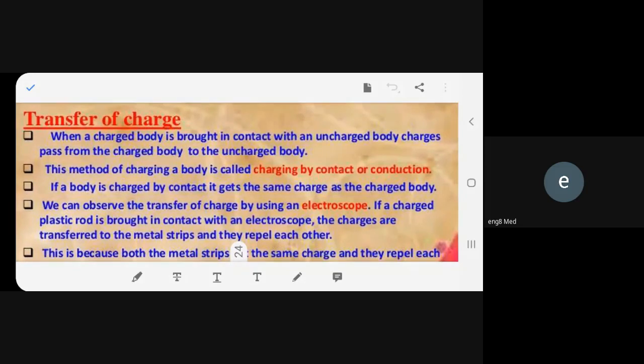I think we come to an end of today's session. Is there any problem so far in understanding? Hello, boys? Any problem in understanding? Eighth standard?